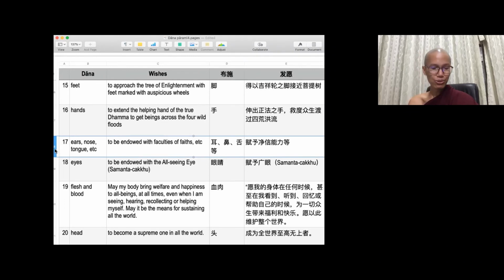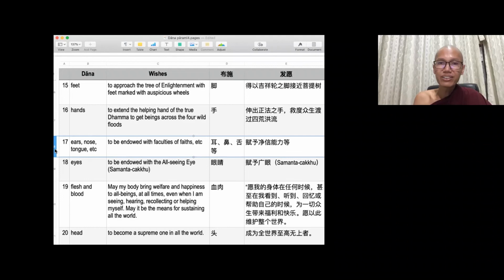So do we mature our faith, our wisdom, our concentration, effort, and mindfulness. So the Buddha donated ears, nose, tongues, etc., so that those are another way of faculties. So physical faculties, donating physical faculties to get mental faculties.